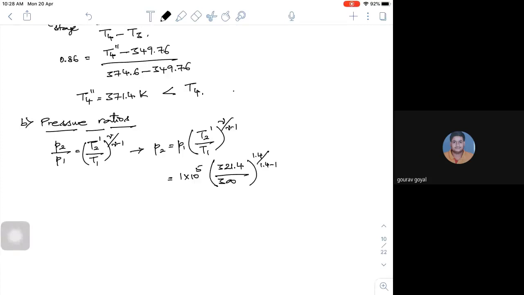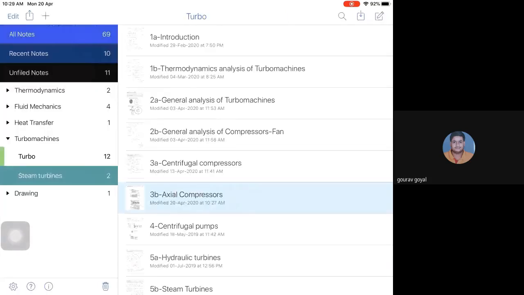So if I substitute everything, (321.4 divided by 300) to the power of 1.4 divided by 0.4, into 1 into 10 to the power of 5. I'm getting P2 as 1.27 bar, or 1.27 into 10 to the power of 5 Newton per meter square. Similarly, this is for the first stage.